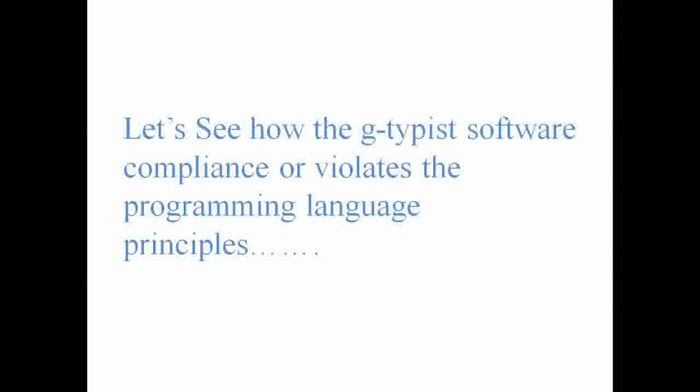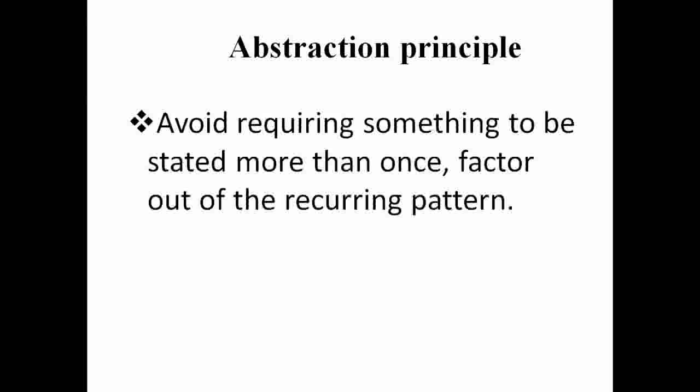Let's discover. The first programming language principle we are going to talk about is the abstraction principle. The definition for the abstraction principle is: avoid requiring something to be stated more than once, factor out the recurring pattern.